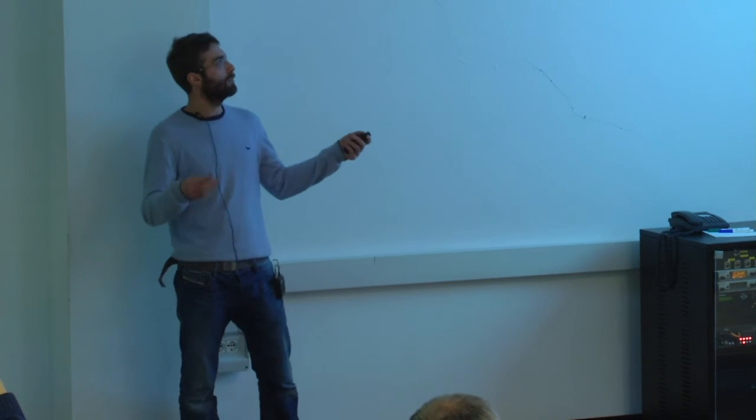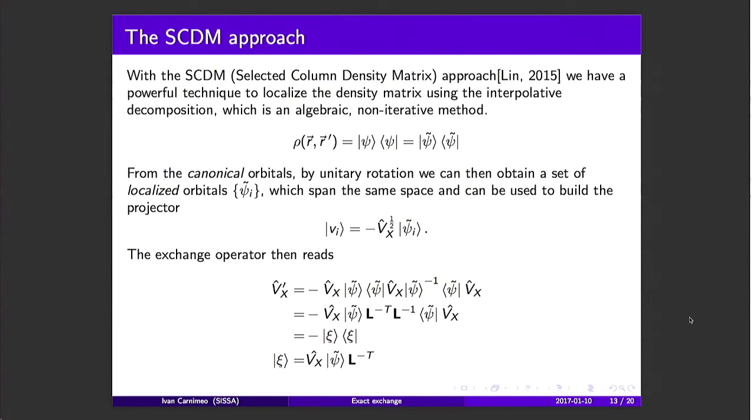I will not go through the details, but this is an algorithm which allows to localize the density matrix, but working on the rectangular matrix of the molecular orbitals. So basically, it is based on a QR factorization of the matrix, which is allocated number of grid points times number of bands, and is the matrix of the molecular orbitals, xxbaf in the code.